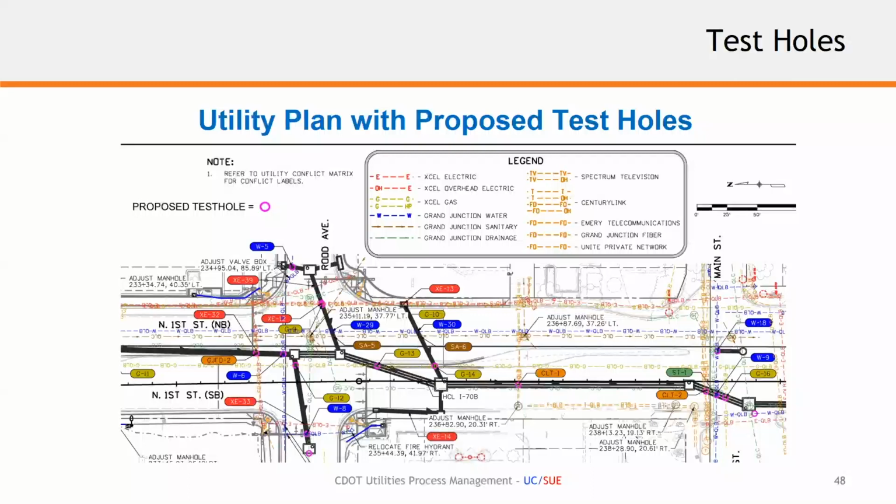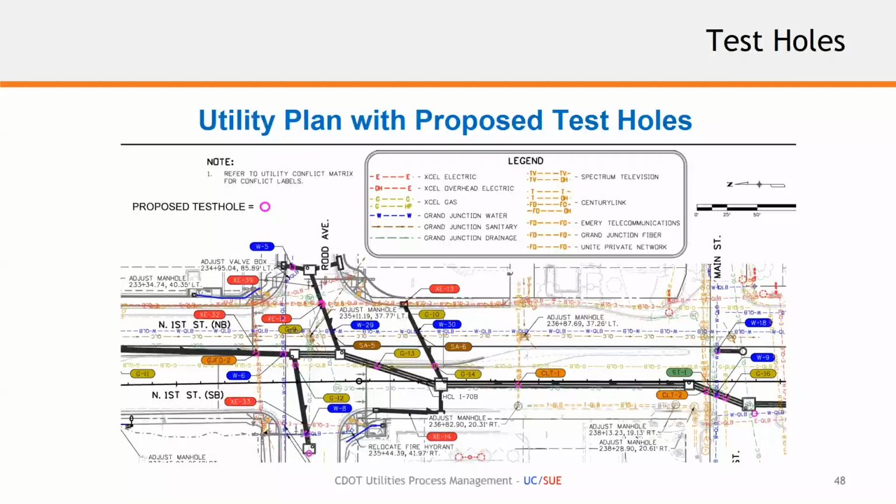And so this is a plan sheet that has moved from a utility plan to now a proposed test hole plan sheet. The proposed test holes you'll see in little circles there, kind of a purple color, those are identifying those gas line conflicts that are labeled G dash whatever number, and SA is sanitary.